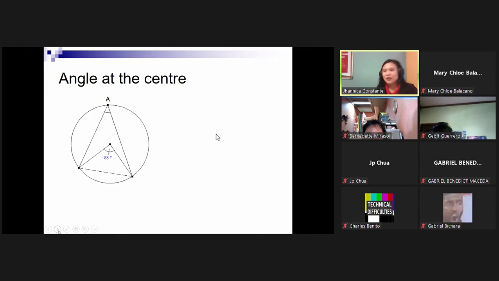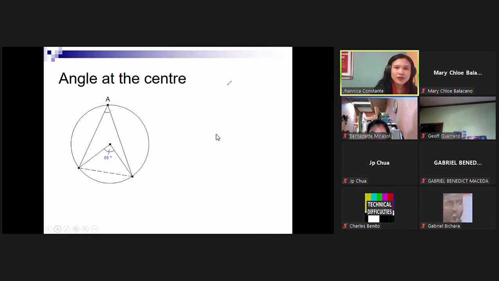Okay. So let's proceed with the second property of circle, which is the angle at the center or the central angle. Consider the two angles which stand on the same chord. They are sharing the same chord, but one of the angles is at the center.